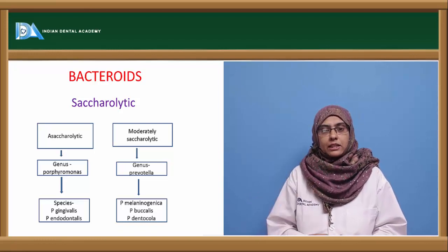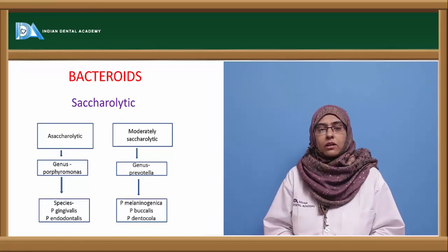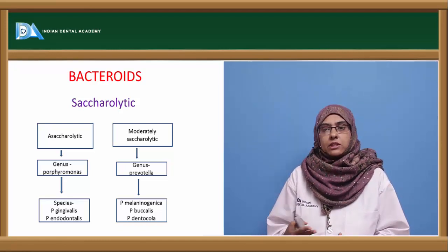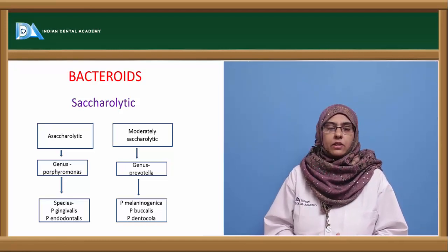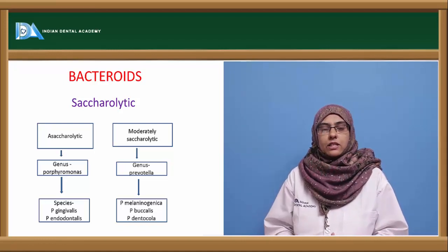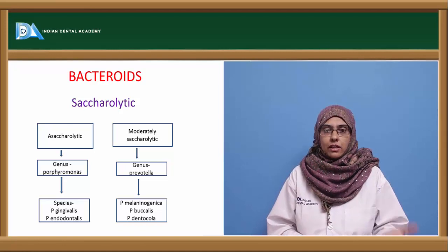Now these Bacteroides can be classified based upon saccharolytic activity into asaccharolytic and moderately saccharolytic. Among the asaccharolytic group of organisms, we have the genus Porphyromonas with the species P. gingivalis, involved in periodontitis, and P. endodontalis, which is involved in dental root canal infections.